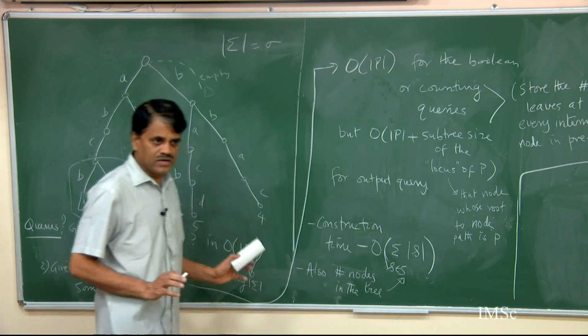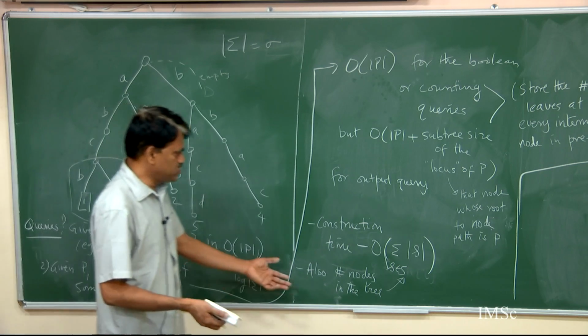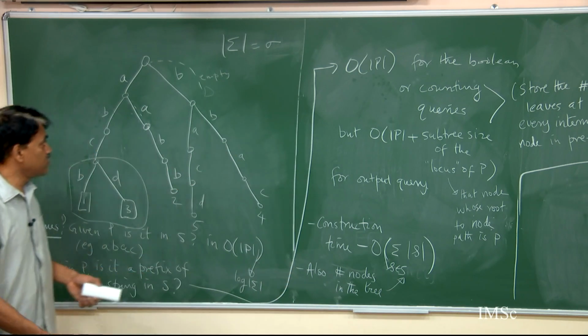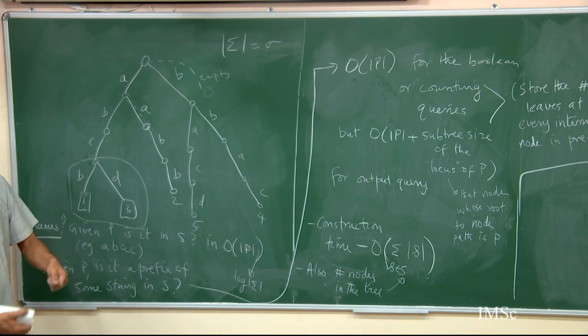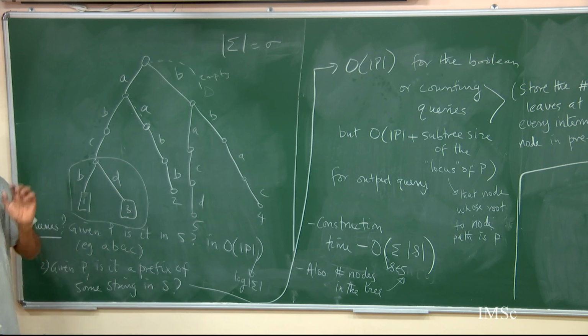So, is this clear? I have a set of strings, each string has a certain length. I am just saying, go insert it into this trie in time proportional to the length of the string. So, in the worst case, the overall time for your construction will be the sum of the length of the strings, and that could also be the number of nodes in the tree, because every string may not even share any node, it is all creating new vertices in the trie.